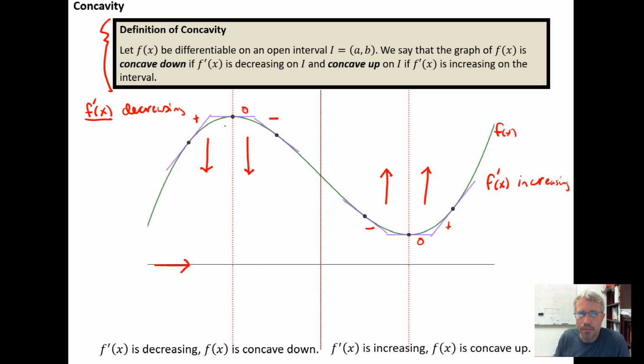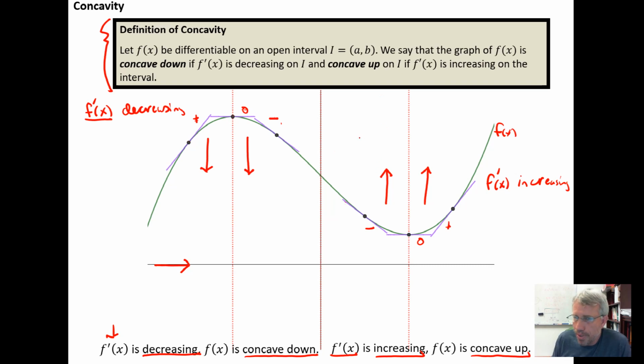So a quick summary is that if the derivative is decreasing, if the tangent line slopes are going from positive to 0 to negative, then the graph is concave down. And if the derivative is increasing, in other words, the tangent line slopes start negative, go to 0, and become positive, then we have a graph that's concave up.